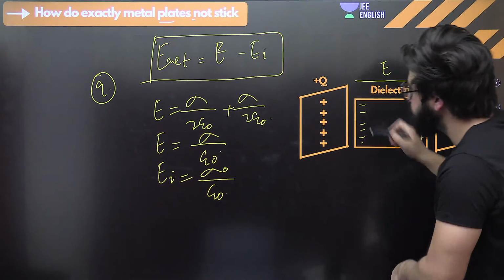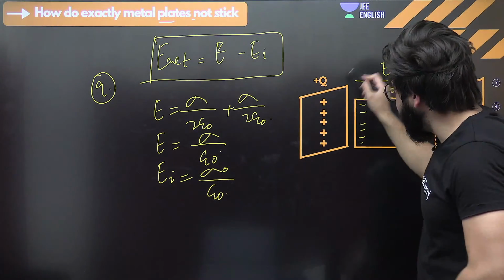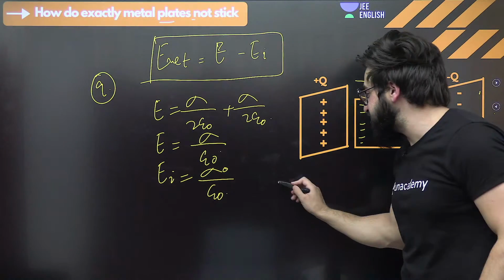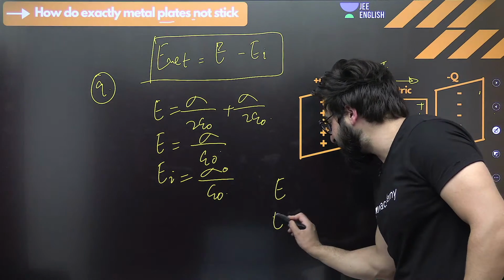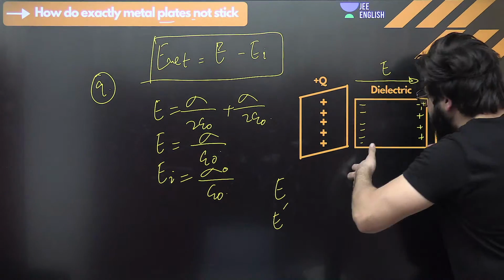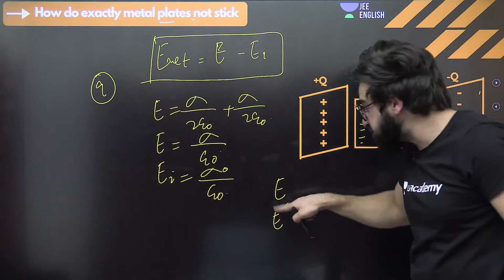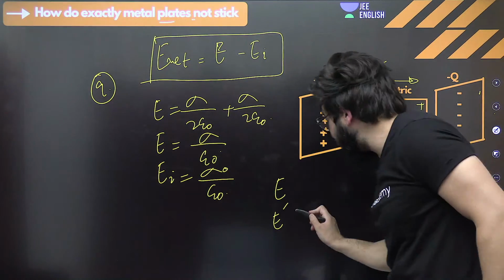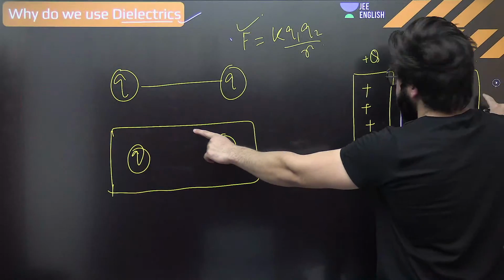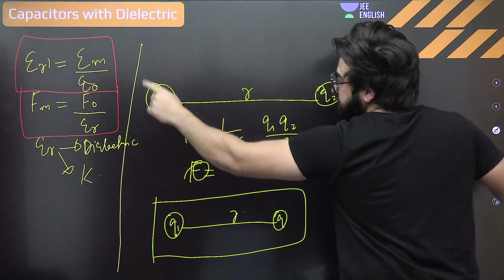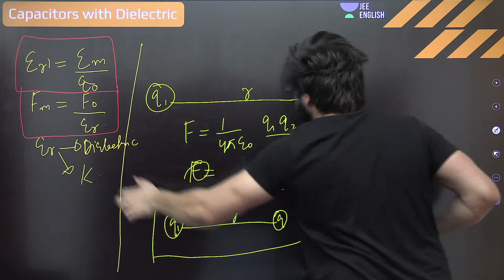After placing the dielectric over here, initially how much was the electric field? You will say, sir, that is nothing but E. So finally, how much is the electric field? You will say, sir, that is the final electric field after placing the dielectric. What happens with the electric field in any medium? Exactly like this only: E naught by ER.